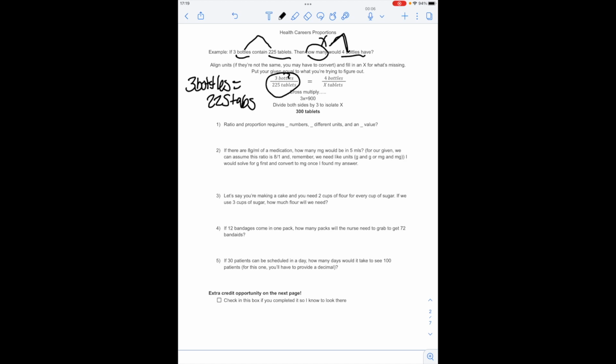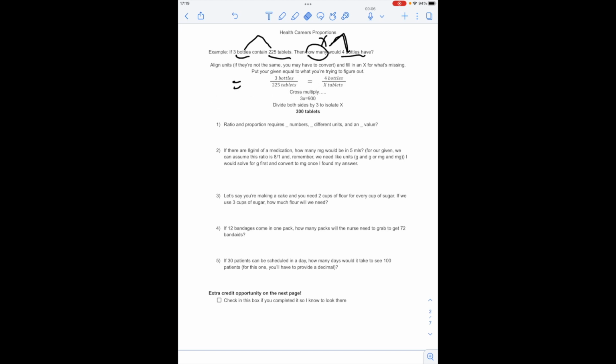Whatever you do, you just want to make sure that you follow the same format for what you're trying to find. So right here, we put tablets in the denominator. And because of that, we had to put tablets in the denominator over here. For a given, we put bottles in the numerator, and then we had to do it here as well. So you just want to make sure that you match up your units.